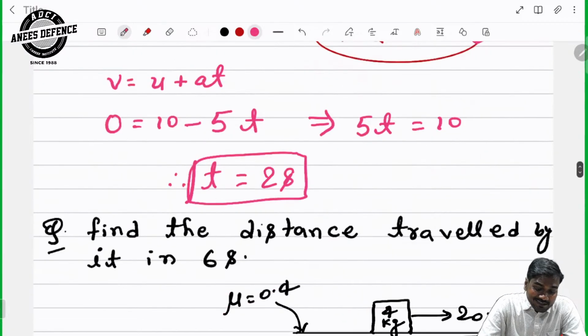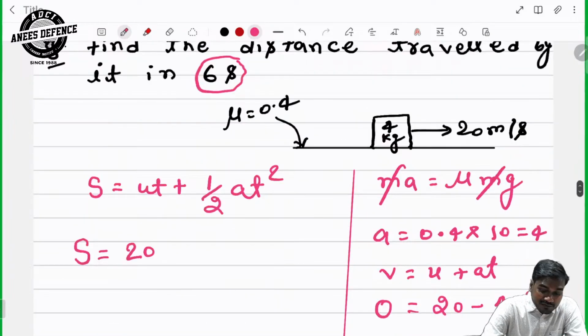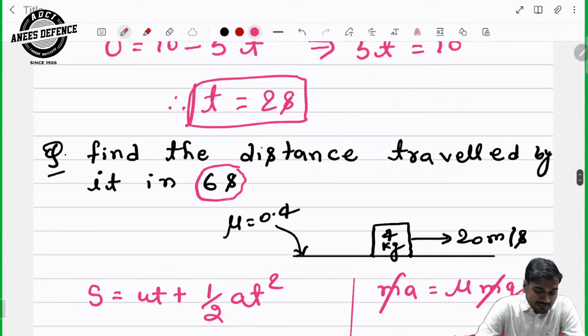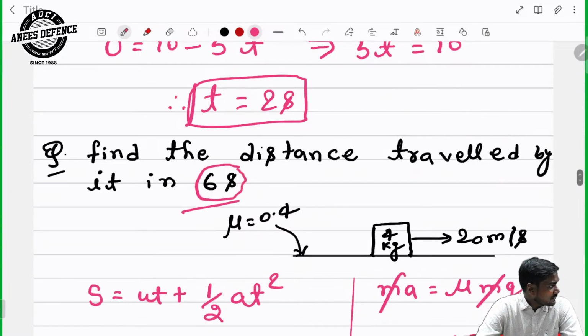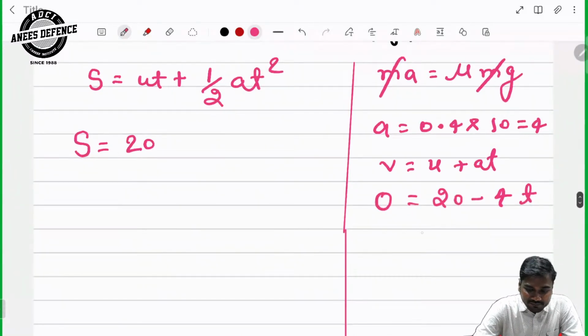They have asked for 6 seconds, but as per the numerical, the object will stop in 5 seconds. Within 5 seconds, the object will be at rest. So should you take time as 6 seconds or 5 seconds? 5 seconds, because the object already stops at 5 seconds.